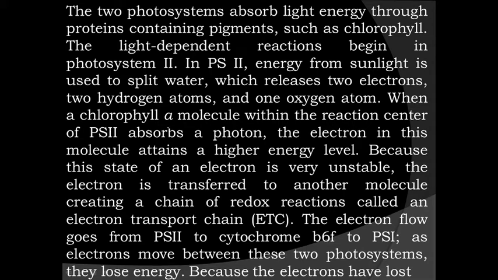When a chlorophyll A molecule within the reaction center of pigment system second absorbs a photon, that means light energy, the electron in this molecule attains a higher energy level because the state of an electron is very unstable.